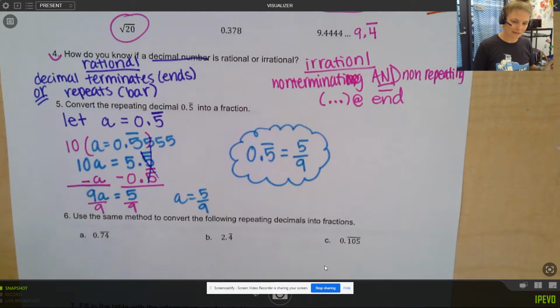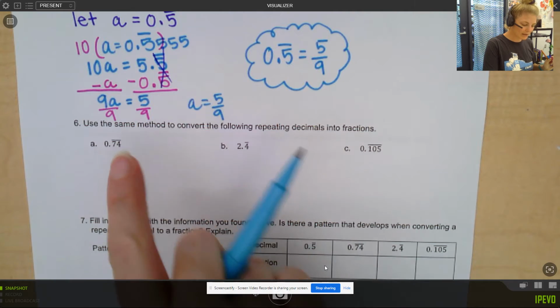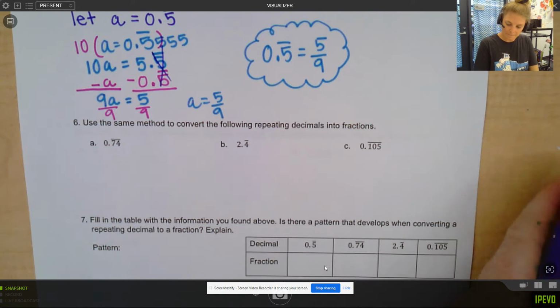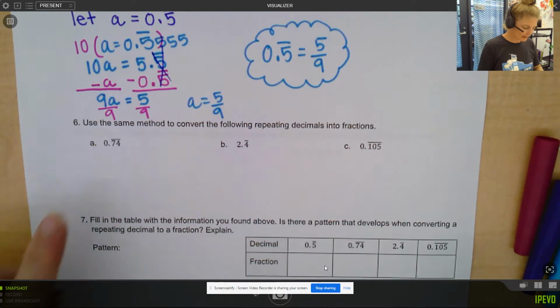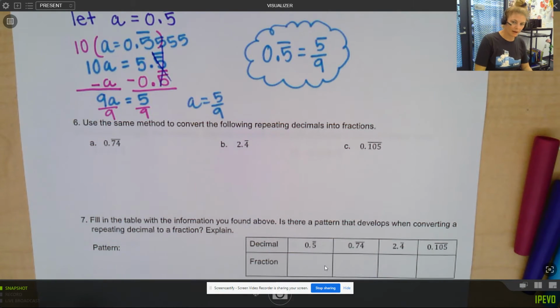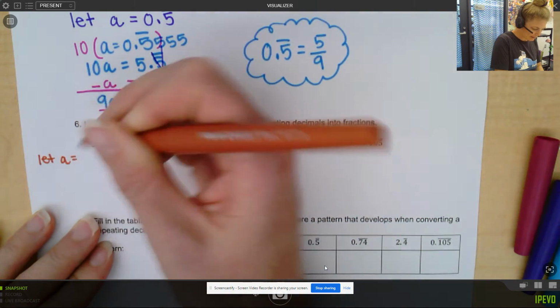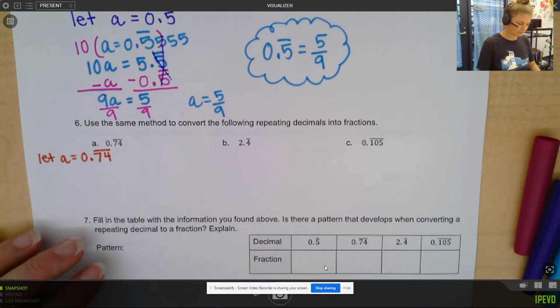So let's practice that. We're going to practice that for 0.74 repeating, 2.4 repeating, and 1.05 repeating. Okay, so first thing I'm going to do is, again, set the value equal to a. So let a equal 0.74 repeating.